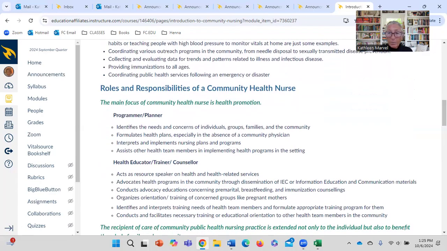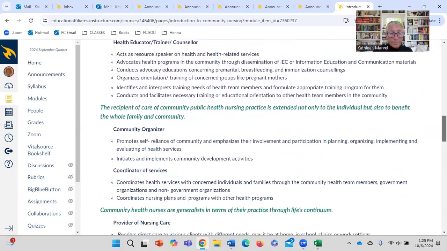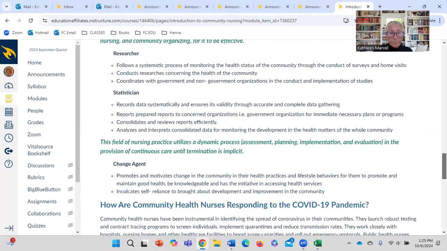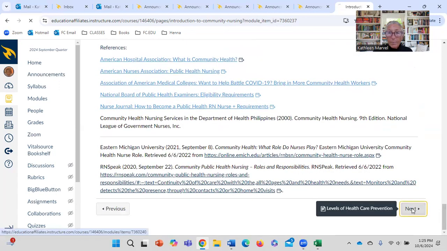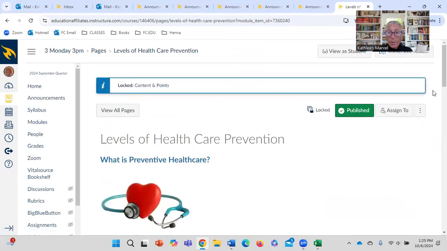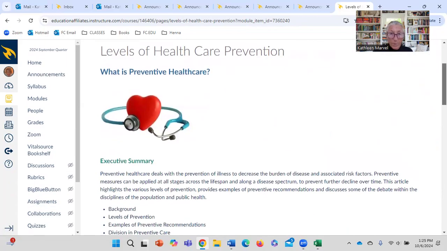When we talk about levels of prevention, that's the second concept. We talk about primary, secondary, and tertiary. Primary prevention, P is for primary.